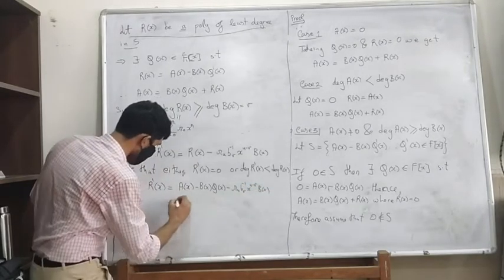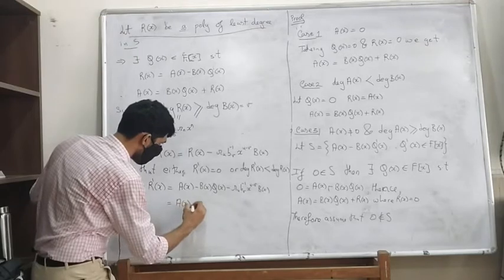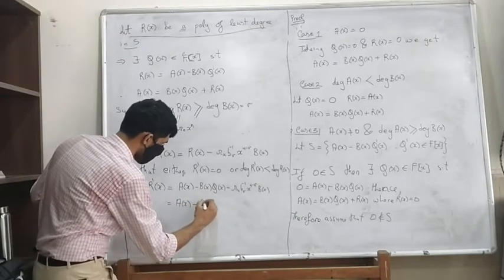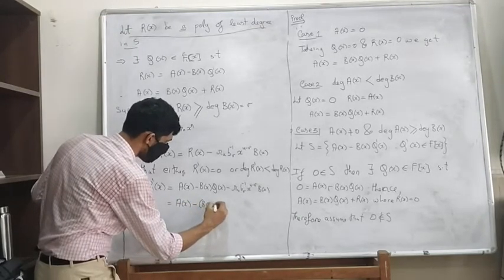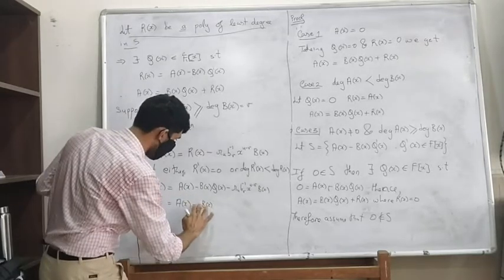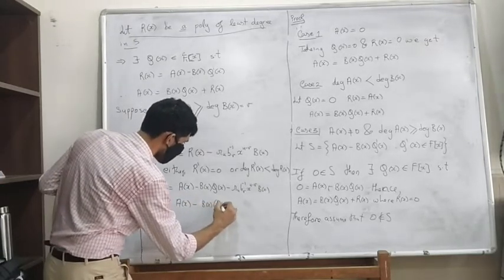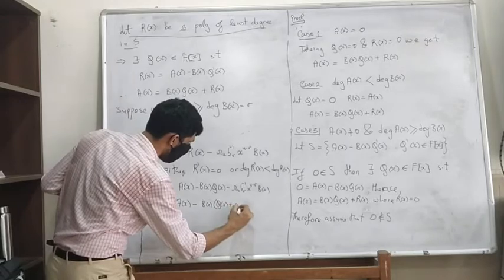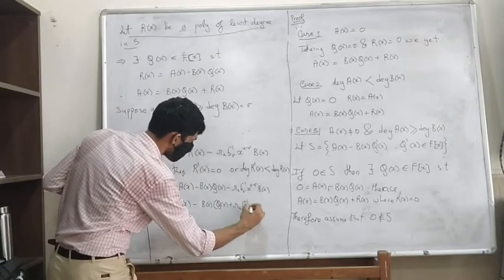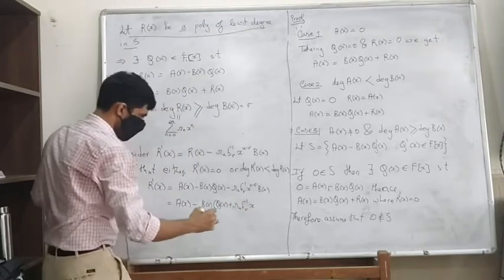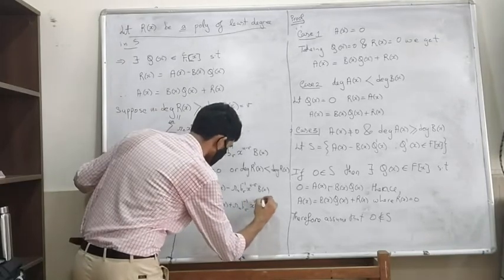This is equal to a of x minus b of x times q of x plus r_u b_v inverse x raised to u minus v.